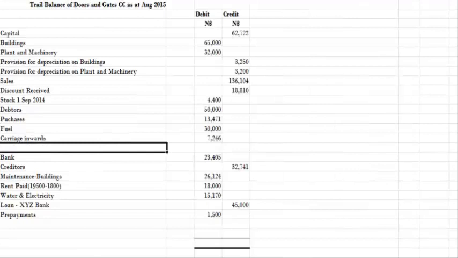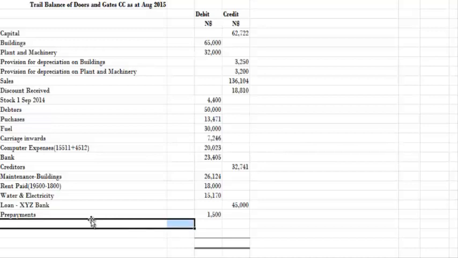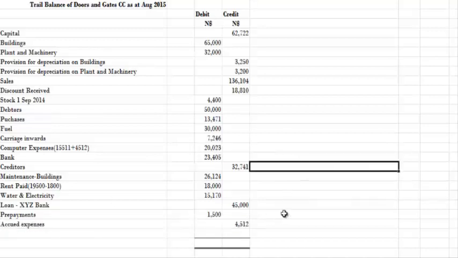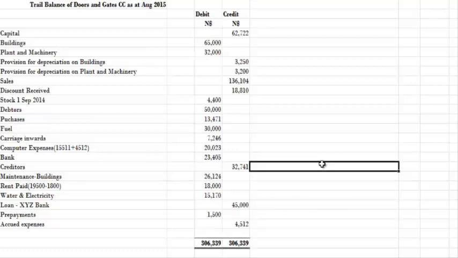So firstly, we'll have an adjustment for our computer expenses, 15,511 plus the 4,512. This will give us the 20,023, and then we will have an accrued expense of 4,512. And then if we add up our debit side, $306,339, and our credit side is also $306,339.